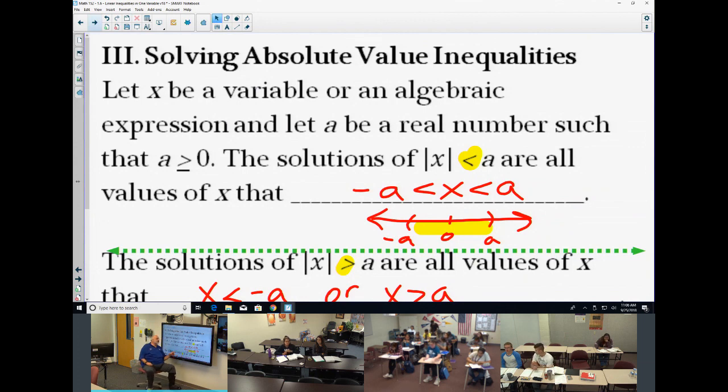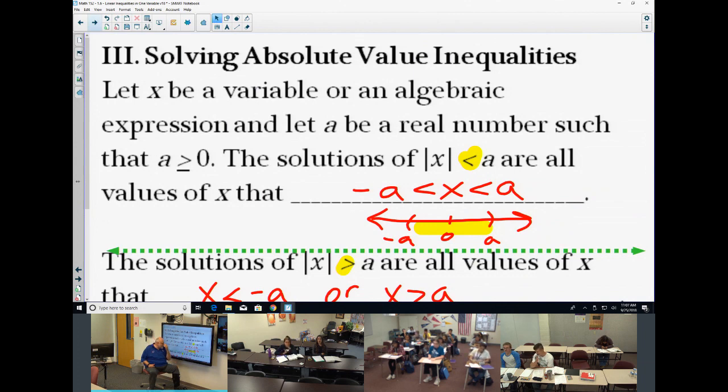So if we have the absolute value of x is less than a, then we rewrite that as an and, where it's scrunched together. And so it's negative a is less than x is less than a. That's our first step after we've isolated the absolute value part. So you take the opposite of this number over here: negative a is less than x is less than a.